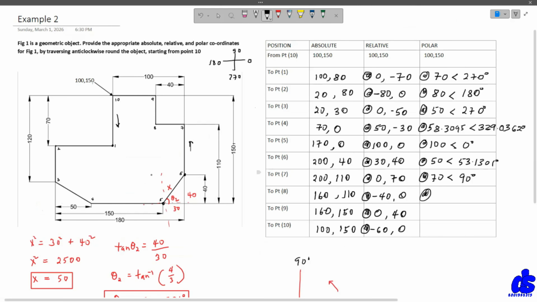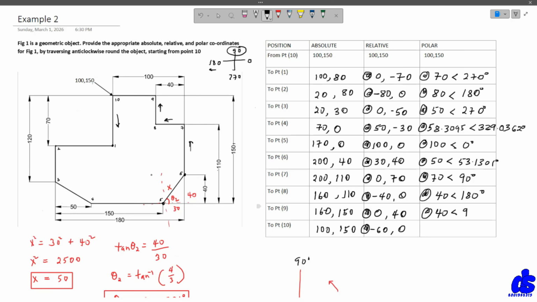For point 8, the change in magnitude is 40, and the angle is in the 180 direction. For point 9, the change in magnitude is 40 because 150 minus 110 is 40, and it's going upwards in the 90 degrees. So it's 40 at 90.